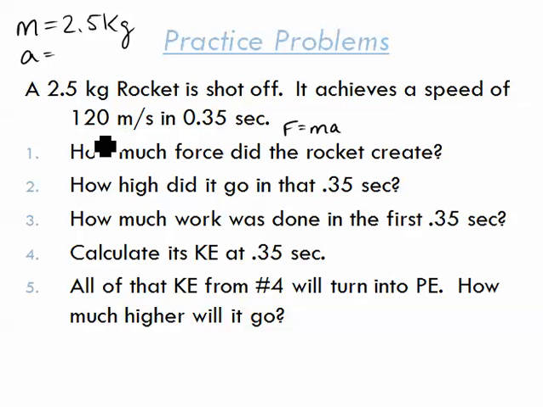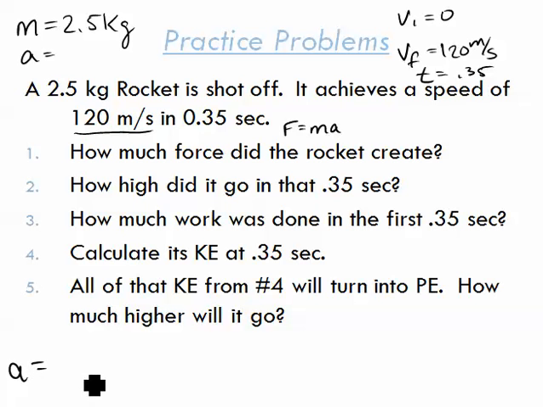But I know that it started at 0 because it's a rocket. Its final velocity was 120 meters per second. And I know the time is 0.35 seconds. So I can find the acceleration by saying 120 minus 0 divided by 0.35.